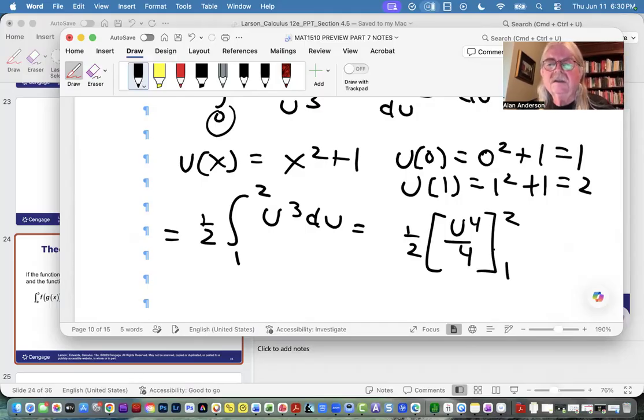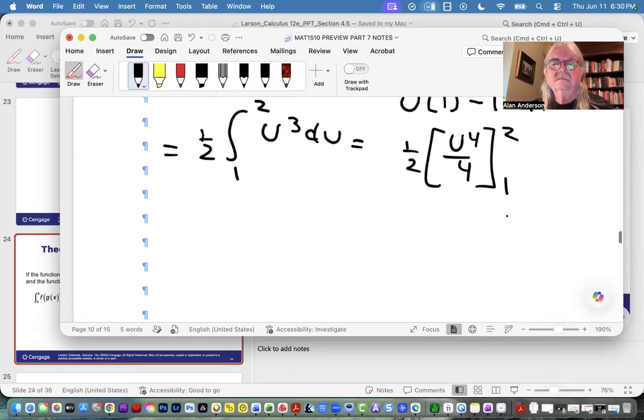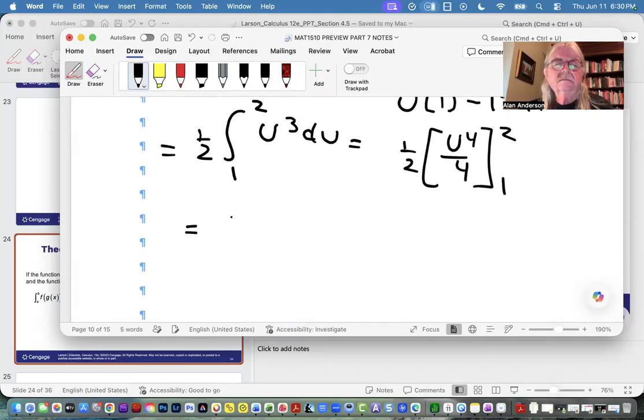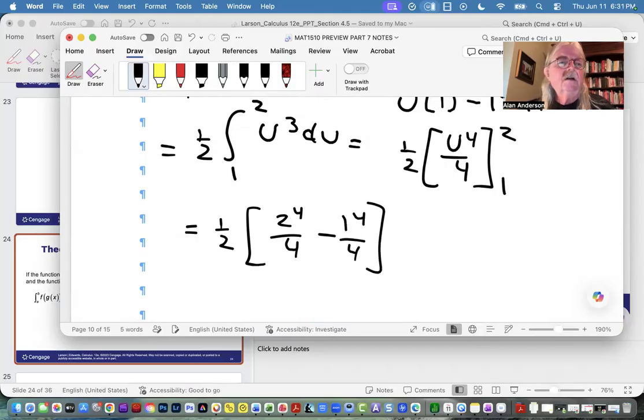So this is the book. Most books use this notation. This is meant to indicate that you're evaluating it when u equals 2, and then you're going to do the same thing with 1 and then subtract. Okay.